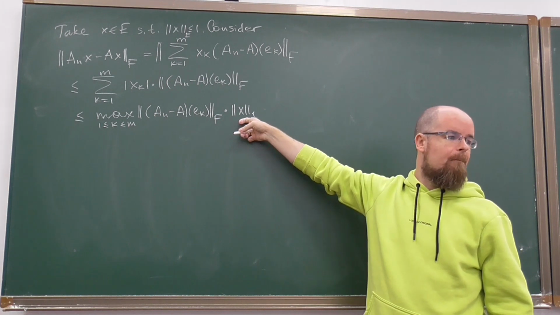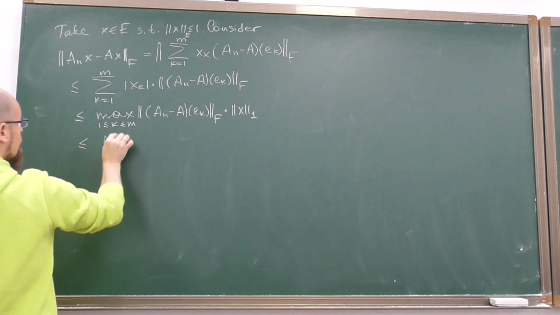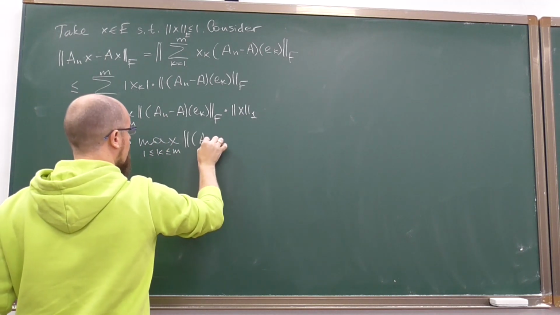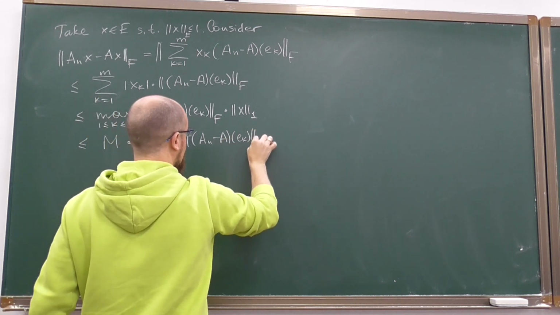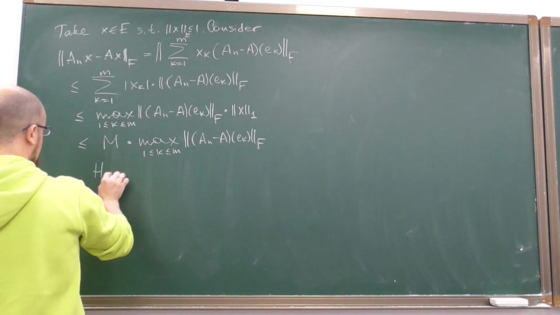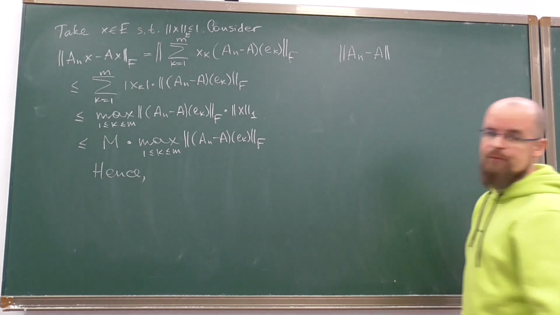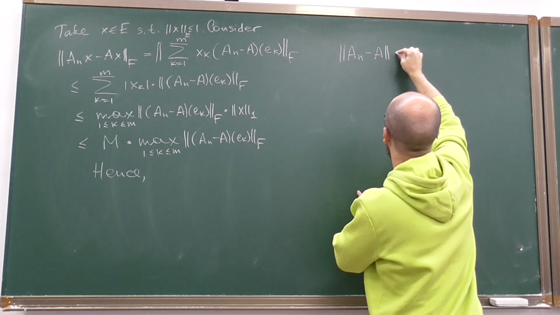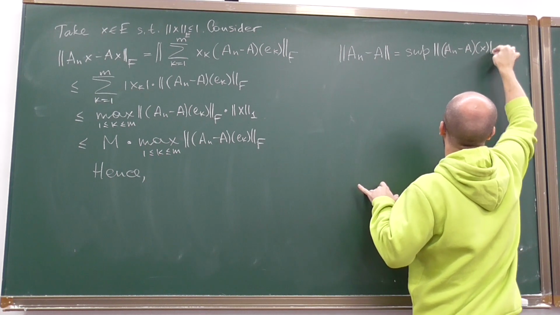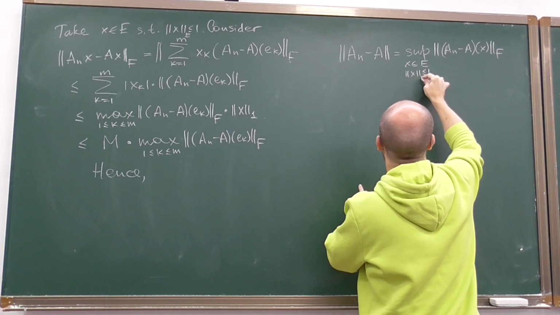So I can estimate this norm by M times the old norm, which is at most 1, so just by M. Hence, AN minus A, the operator norm, by definition is the supremum of the norm of AN minus A of x over all x's with the old norm less than or equal to 1.